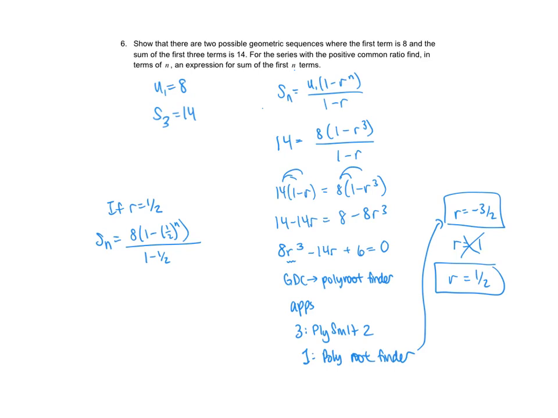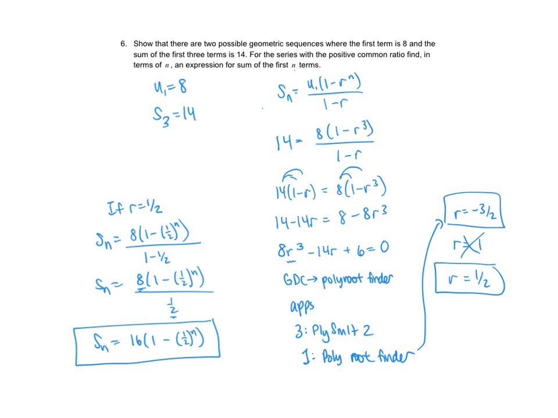And we're going to simplify that a little bit. So we have Sn equals 8 times 1 minus 1/2 to the power of n over 1/2. And 8 divided by 1/2 is 16. So Sn equals 16 times 1 minus 1/2 to the power of n. And there we go. That's our final answer.